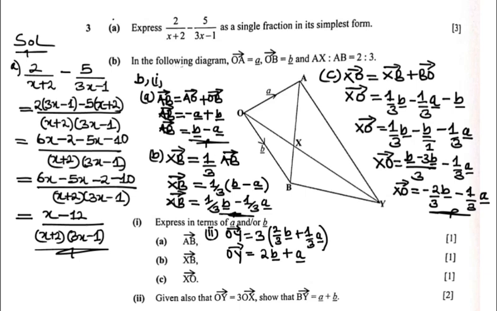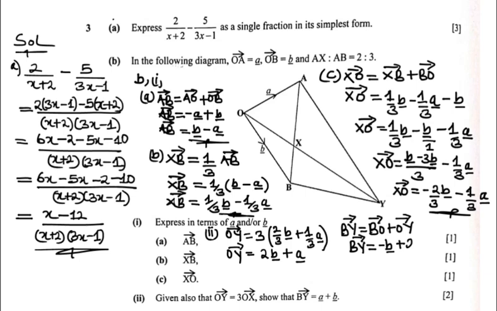So the directions we are going to take are as follows. BY vector is equal to, we'll use the direction BO vector, then plus OY vector. So BY vector is equal to, BO vector is the negative of OB, so negative b vector, then plus OY vector, we found 2b vector plus a vector.